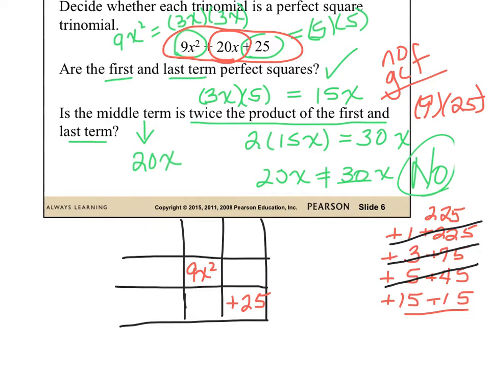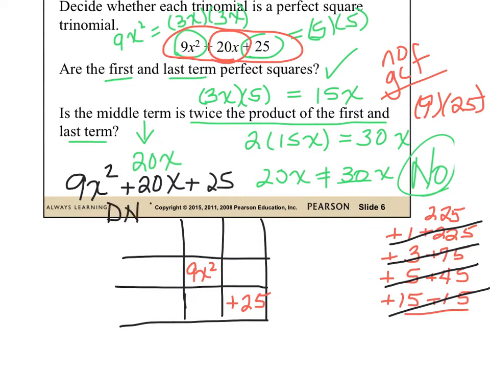That's not 20. And this is 30. That's not 20. And so what we have determined here is because none of these work, then what we know now is that 9x squared plus 20x plus 25 does not factor, which is another way of saying it's prime.